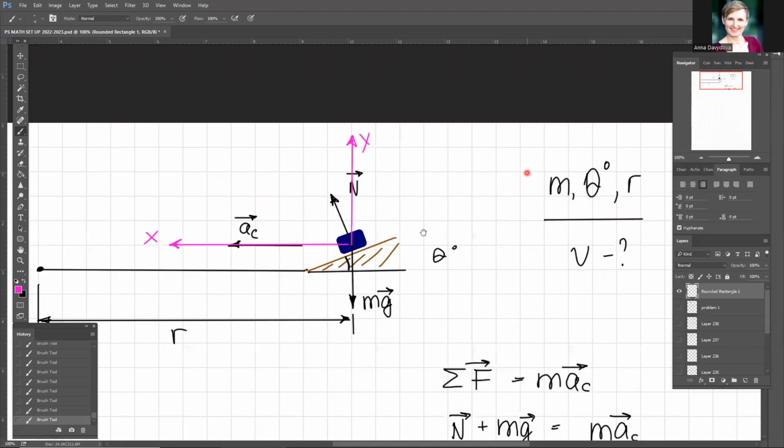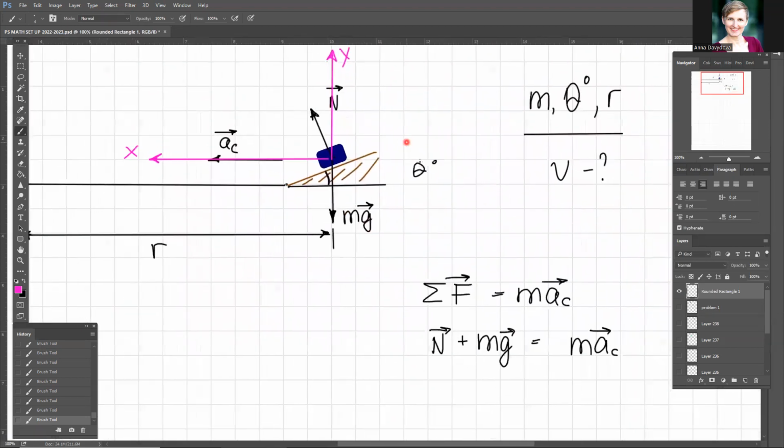And let's see what the components will be. Normal force will have components. The X component is right here, this piece. The Y component is right here, this piece.